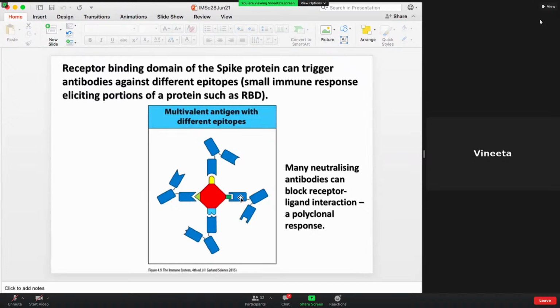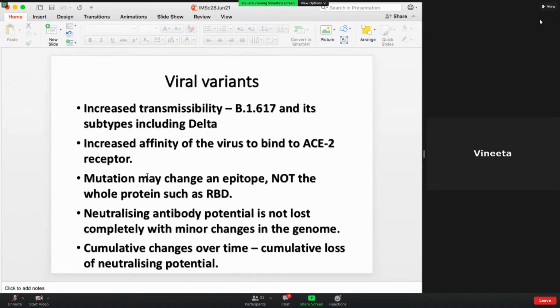And when I say many, it's not just quantity, but it's a polyclonal response. Each one is a clone. There will be many replicates of each clone or antibody, but it is polyclonal, a multi-clone response. So this is something that we need to remember before we talk about the variants.